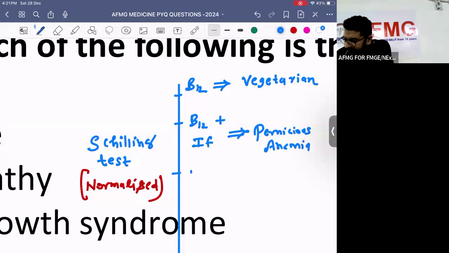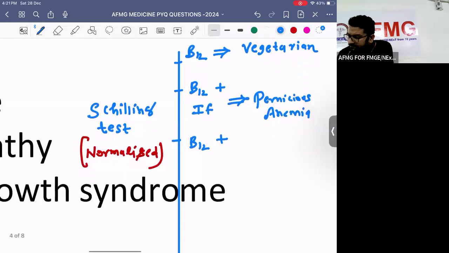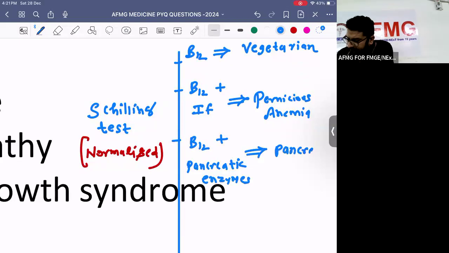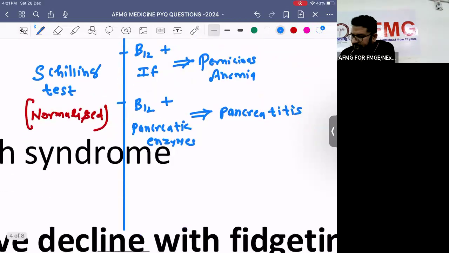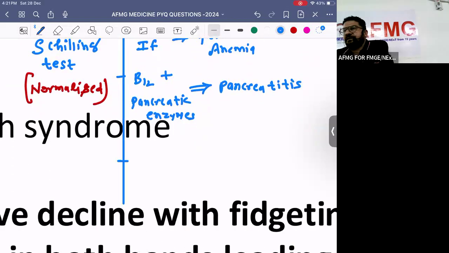Third thing, understand: you will give B12, and with B12 what will you give? Pancreatic enzymes like chymotrypsin, trypsin, trypsinogen. So when you give B12 plus pancreatic enzymes, then it is normalized. It means it's a patient of pancreatitis. Clear? Then what will you do next?